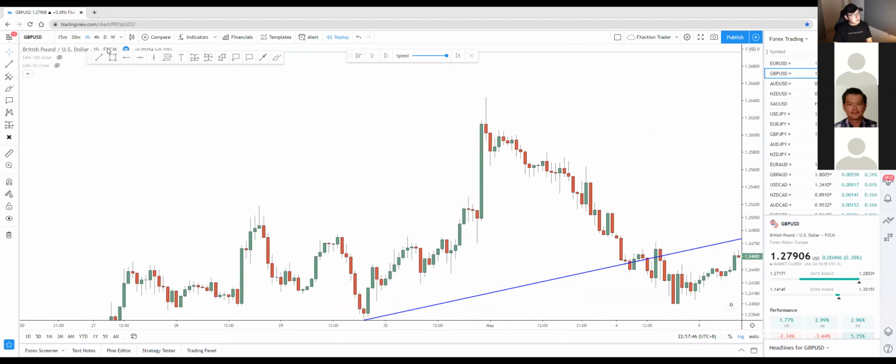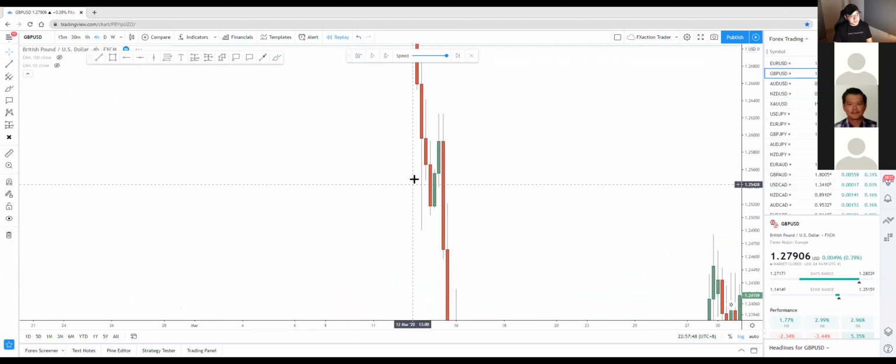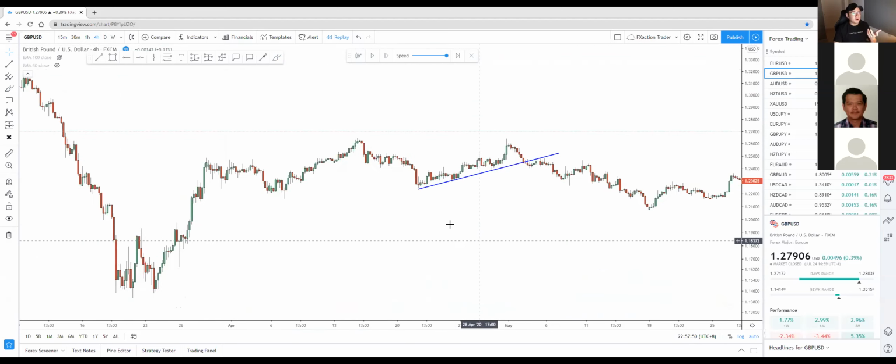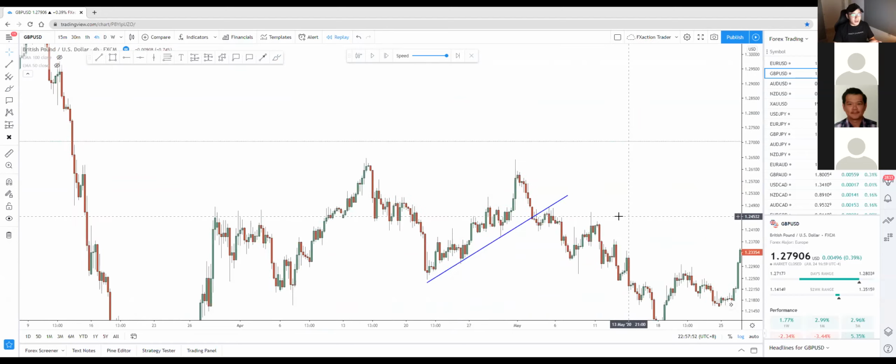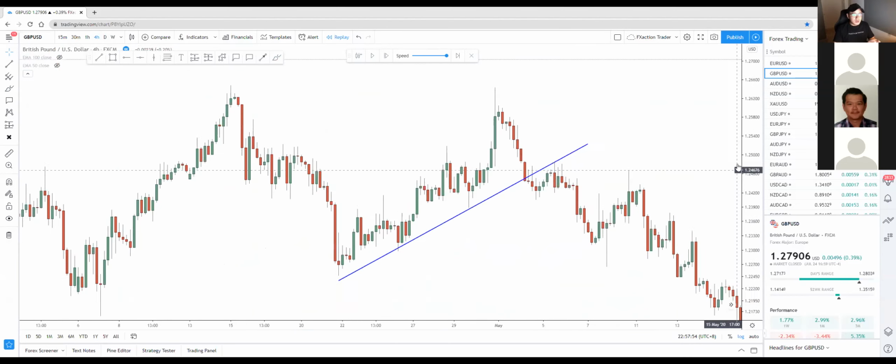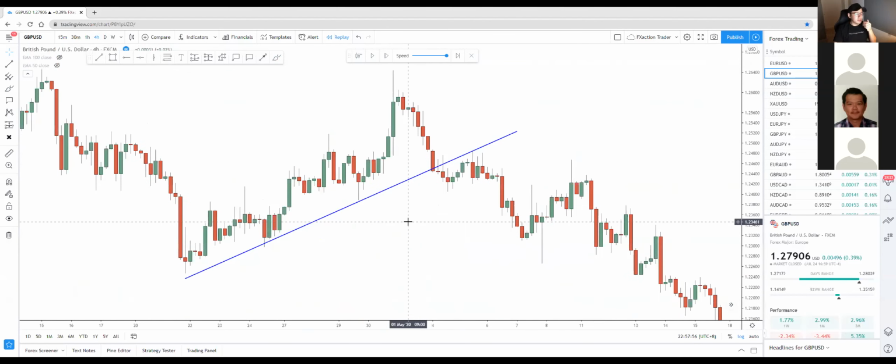Okay, so let us look back at the H4 chart. Just now we talked about retest. Now we talk about breakout. So how am I going to consider whether a breakout is a solid breakout or not? Let's say we are having a breakout here.